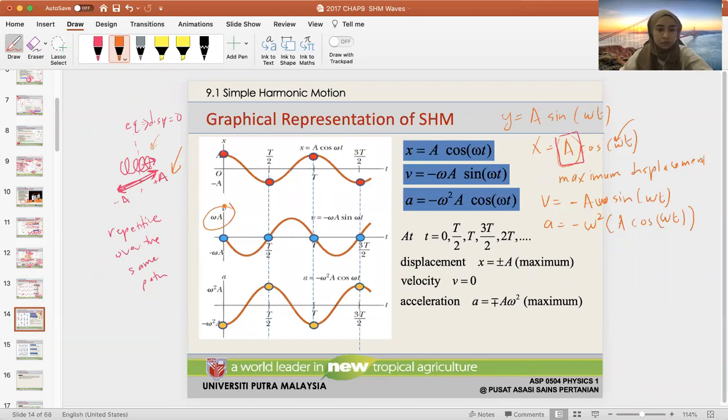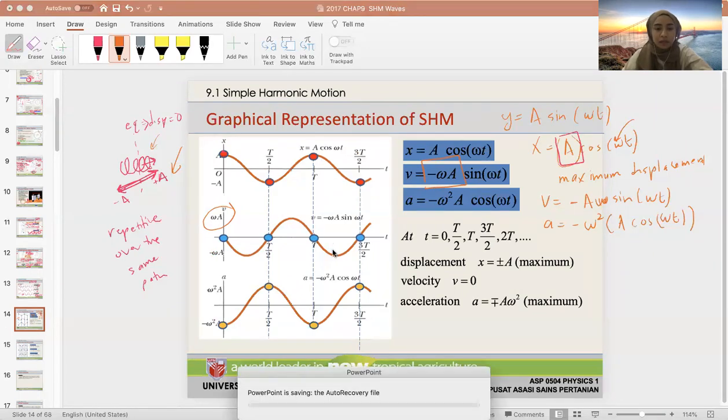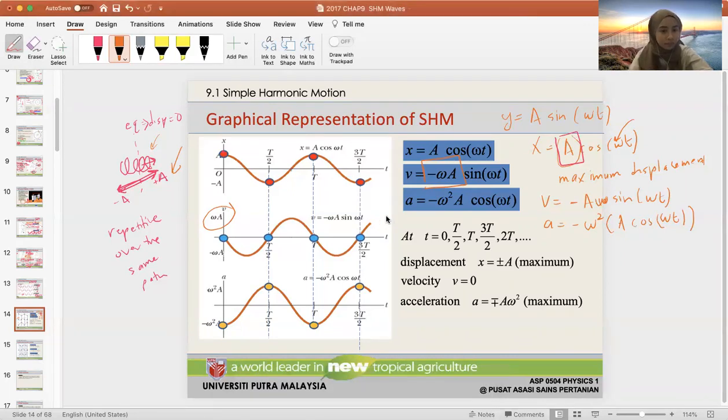So amplitude untuk V is minus omega A. So that is why it can move from negative omega A to positive omega A, because dia repetitive over the same path.